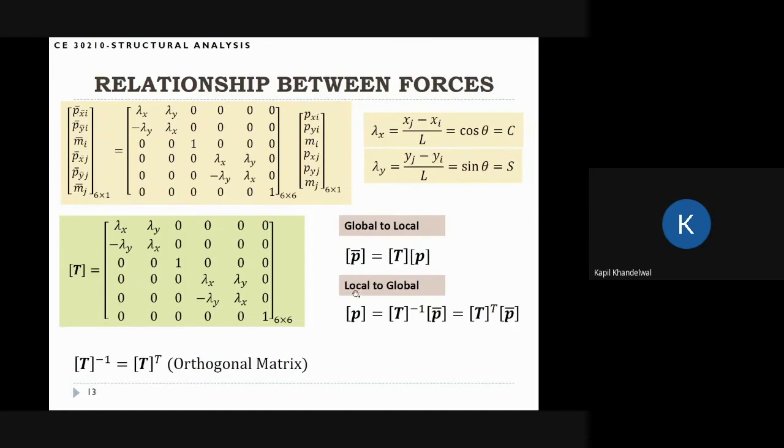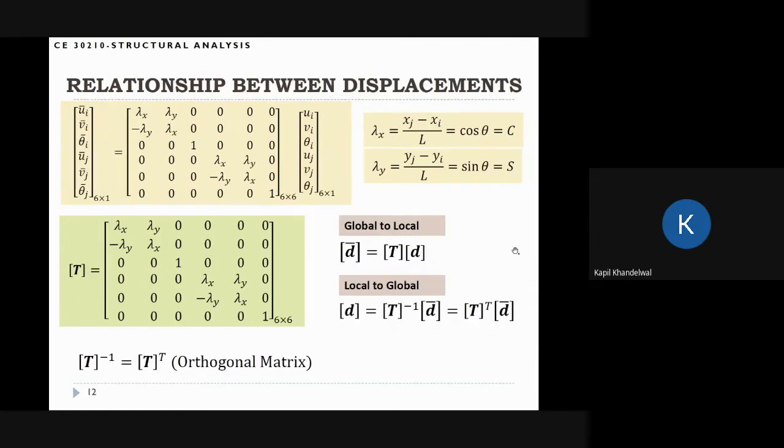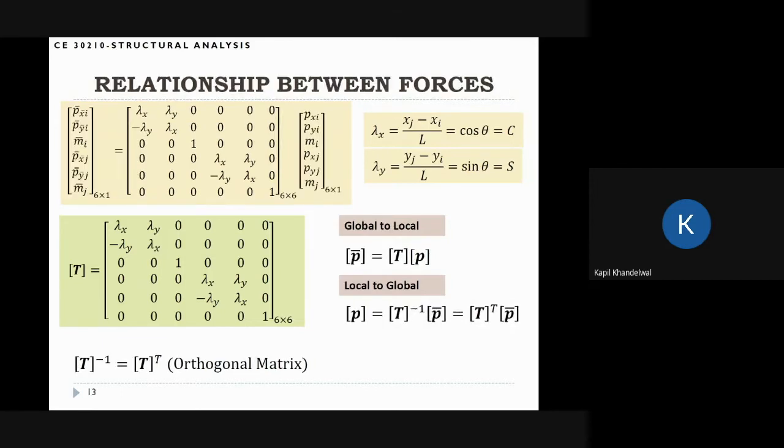And finally, we can see that we can write P bar is equal to T times P, or P is equal to T transpose P bar. So this is the same similar algebra as for the displacement. There is not a difference between the transformation rules for displacements or forces, because they follow the same idea. Again, important to remember that this transformation matrix is an orthogonal matrix.